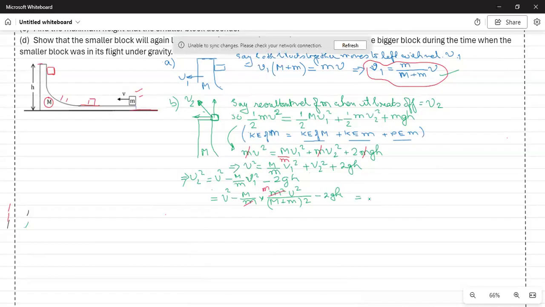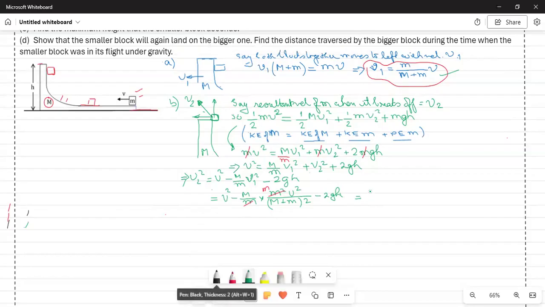So this is equal to v square. Now if I take v square in common, v square I take inside the bracket, 1 minus capital M small m divided by capital M plus small m whole square, minus 2GH.